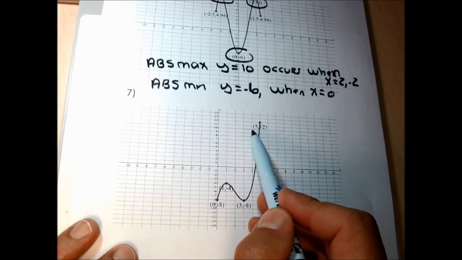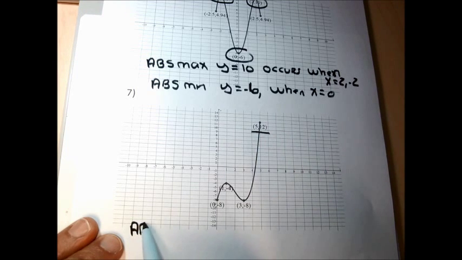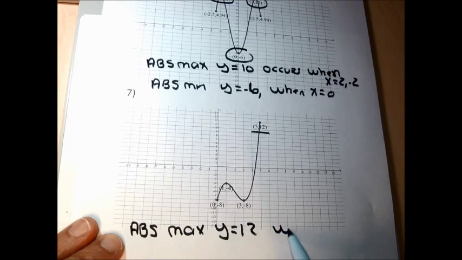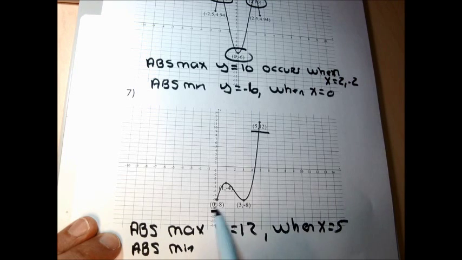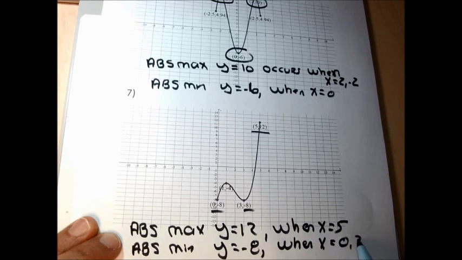You have an absolute maximum of y equal to 12, and it happens when x equal to 5, and you have an absolute minimum of y equal to -8, and it occurs when x equals 0 and x equal to 3.